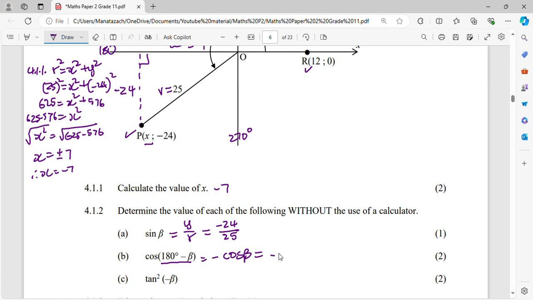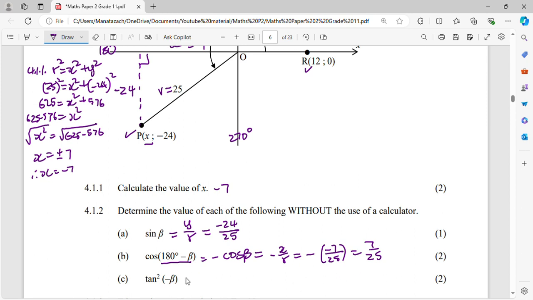So cos beta, we know that it's x over r with our trigonometric ratio. Then x is minus 7 from the previous question, and then r is 25. So the answer here is 7 over 25.